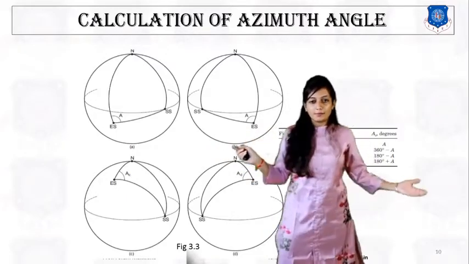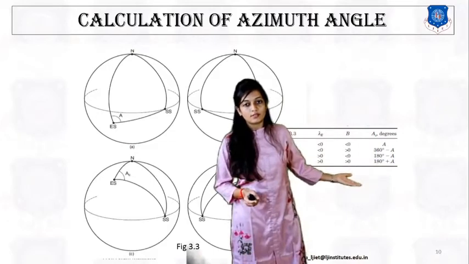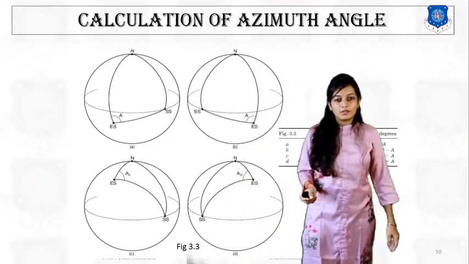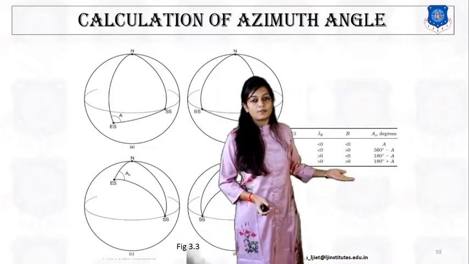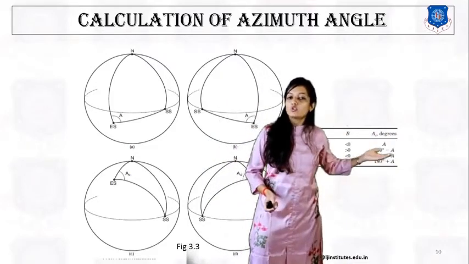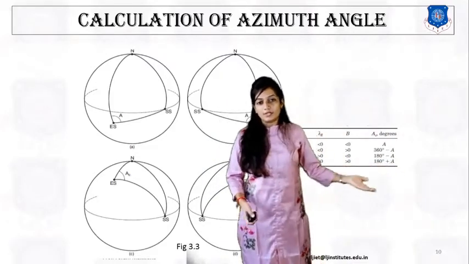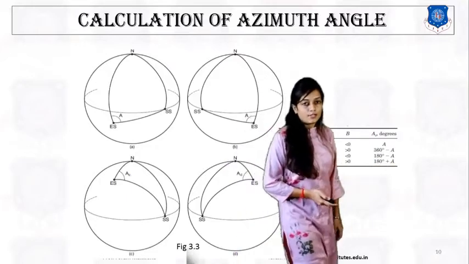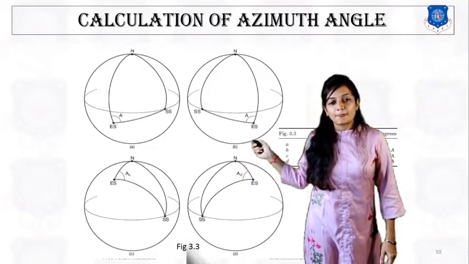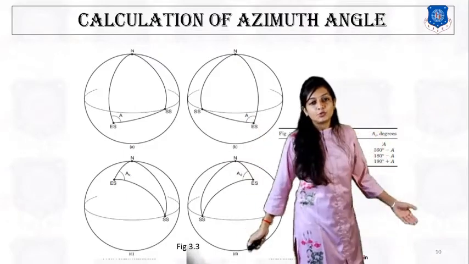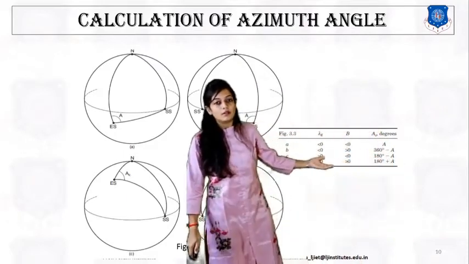So 180 minus A. Similarly for the fourth case, both are positive, greater than 0, greater than 0. So 180 plus whatever the value of capital A is going to be added with the 180, right? So this is a way to calculate the azimuth angle. So you need to remember this table, rather than the diagram. Okay.